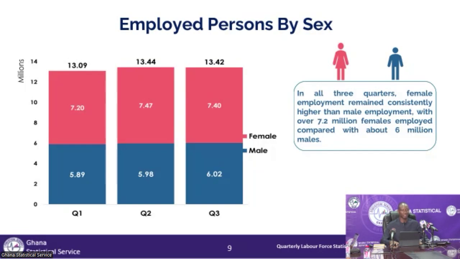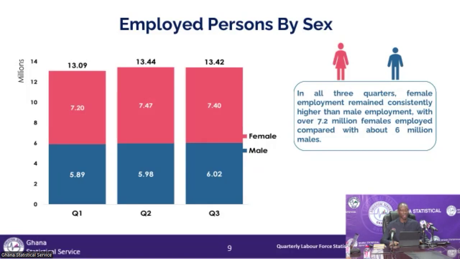This highlights the central role women play in Ghana's labor market, particularly in services, trade, and household enterprises. However, as I will show very soon, higher employment rates do not always mean better job quality. We'll talk about quality very soon.